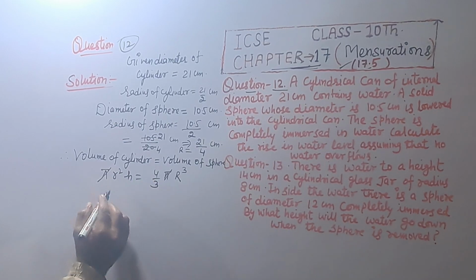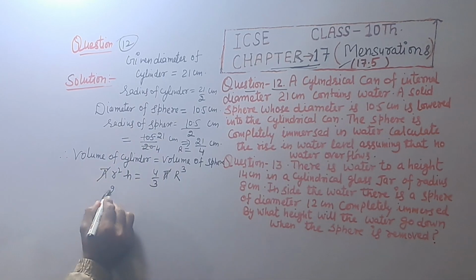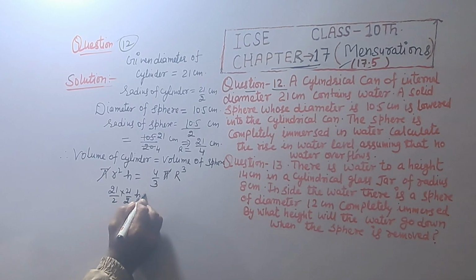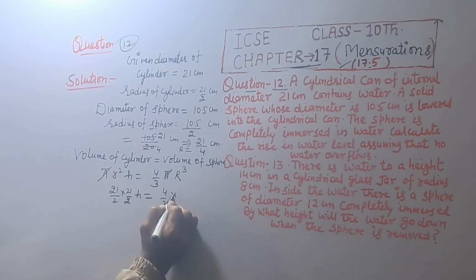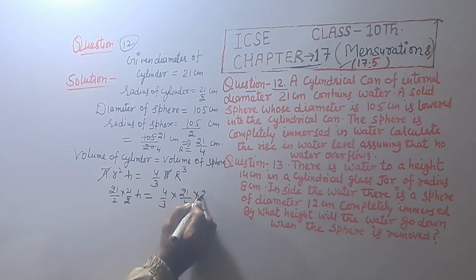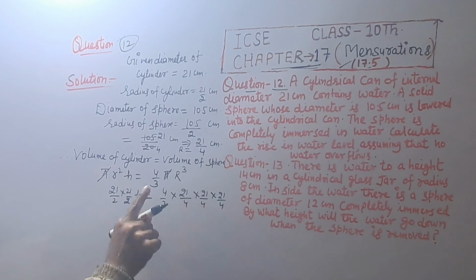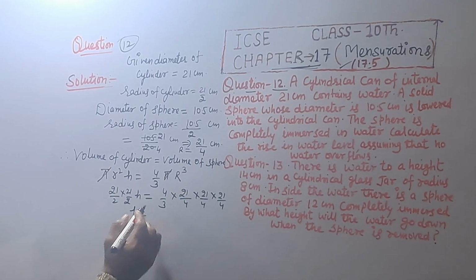Pi is cancelled, and radius of cylinder is 21/2 into h equal to 4/3 into 21/4 R cube.